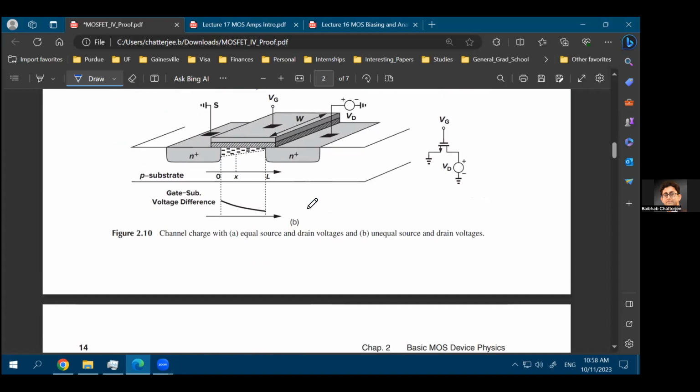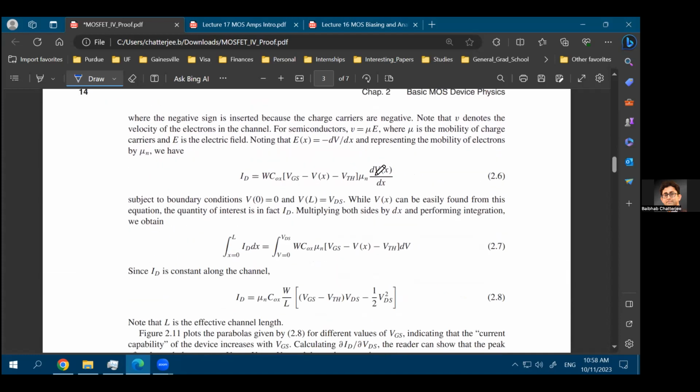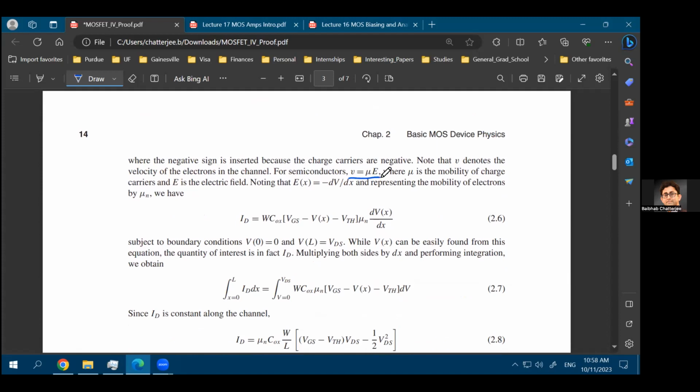All right. So now what you are going to do is represent the velocity as mu times E, where mu is the mobility of charge carriers and E is the electric field. So the velocity of an electron can be represented as mu times E. That is basically the relation of the velocity of a charge carrier and the field to which you are subjecting it.